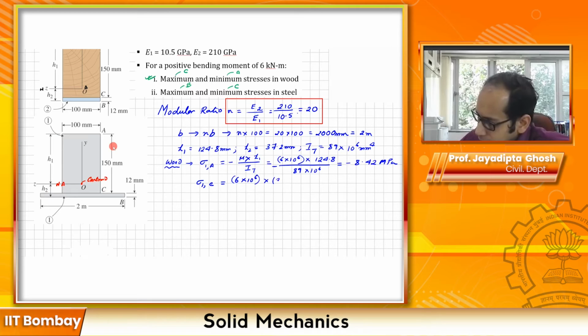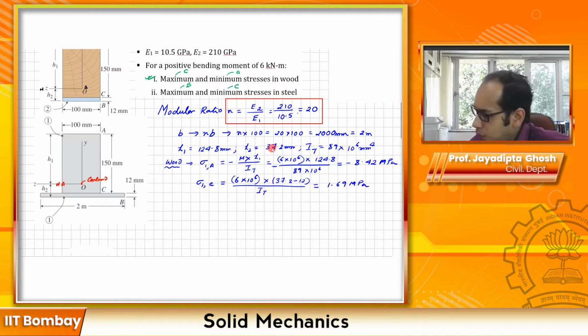So it is going to be 37.2 minus, because we calculated h2 as 37.2, minus 12, divided by the I of the transformed section, which is 89 into 10 raised to 6, and this one you get as 1.69 MPa. So this is for the wood, right? So for the wood, now we have computed this is the minimum and this is the maximum.